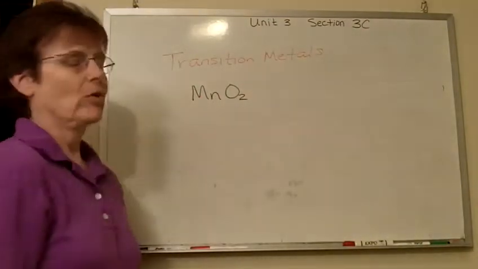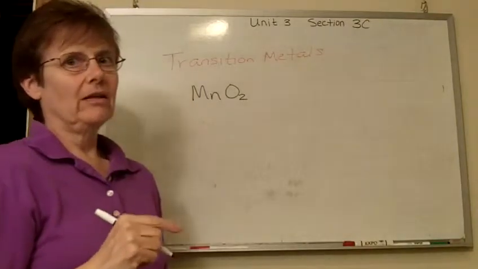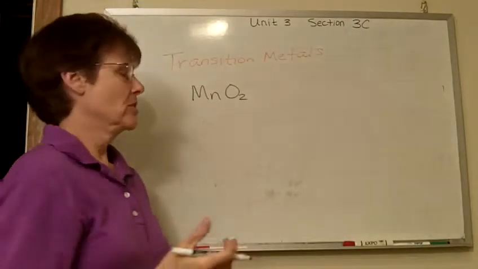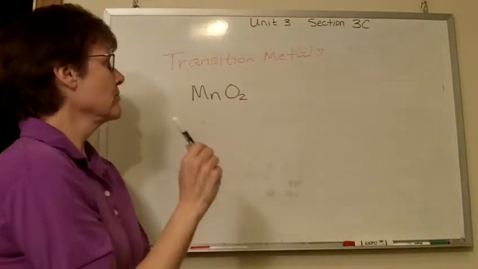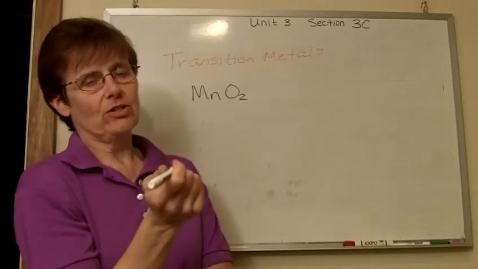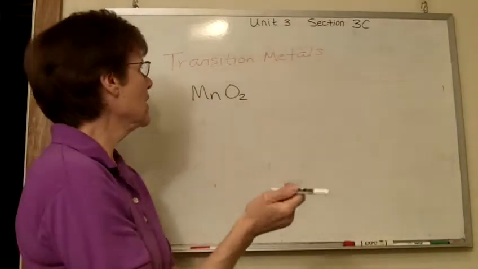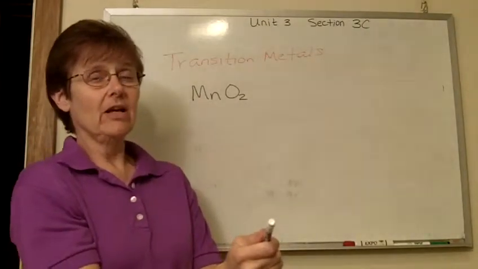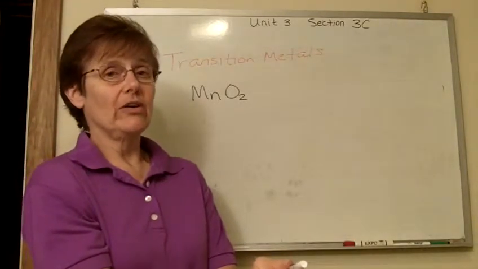Let's try, for example, MnO2. Let's say I want to write the name of that. Well, I see that my manganese is a transition metal, and therefore I don't know what the charge is on it right away, but it's combined with oxygen. Now we know that each oxygen ion would have a -2 charge, and we can see that there's 2 oxygen ions there, so that means I've got a total of -4 charge.